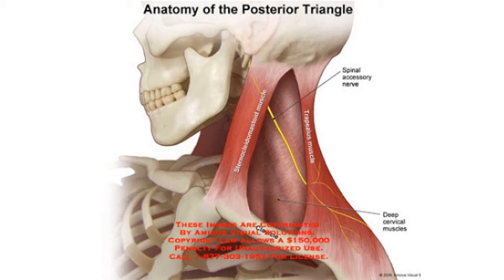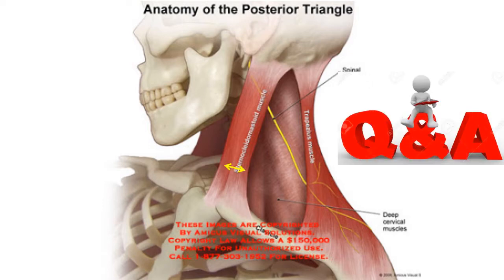Let us see what this image is telling us. We ask ourselves questions. This is the muscle that we have just described. It is the sternomastoid, coming from the lower end, manubrium sterni and clavicle, and going towards the mastoid process.